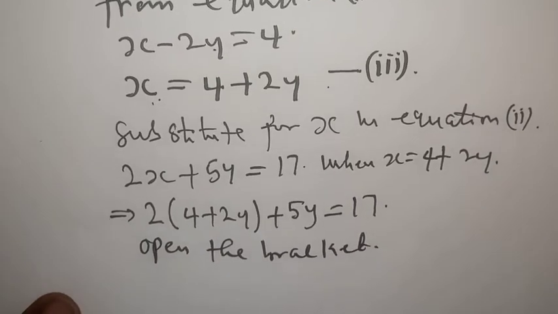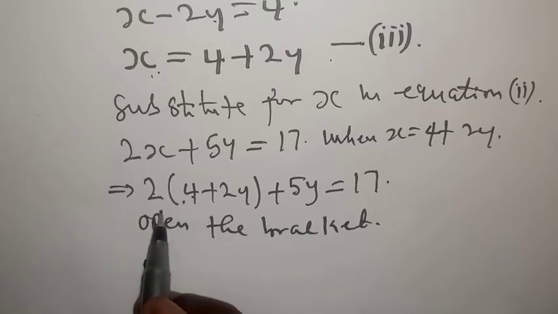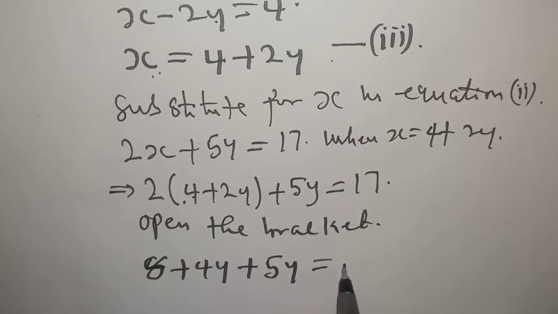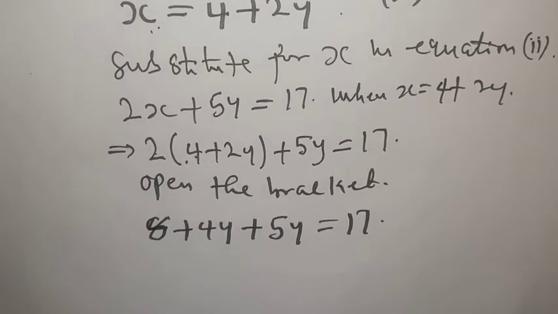Let's open the bracket. We have 2 multiplied by this 4, that is 8. Then 2 times 2y is 4y, then plus this 5y is equal to 17. Now we are getting there gradually.